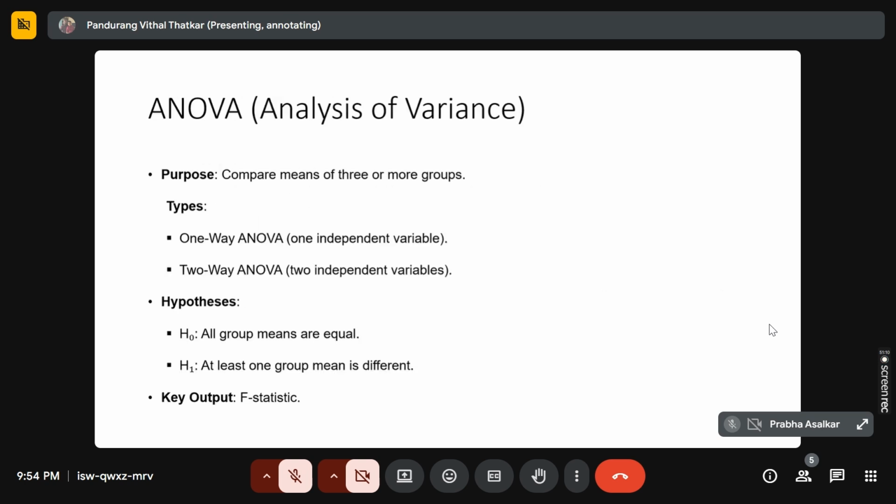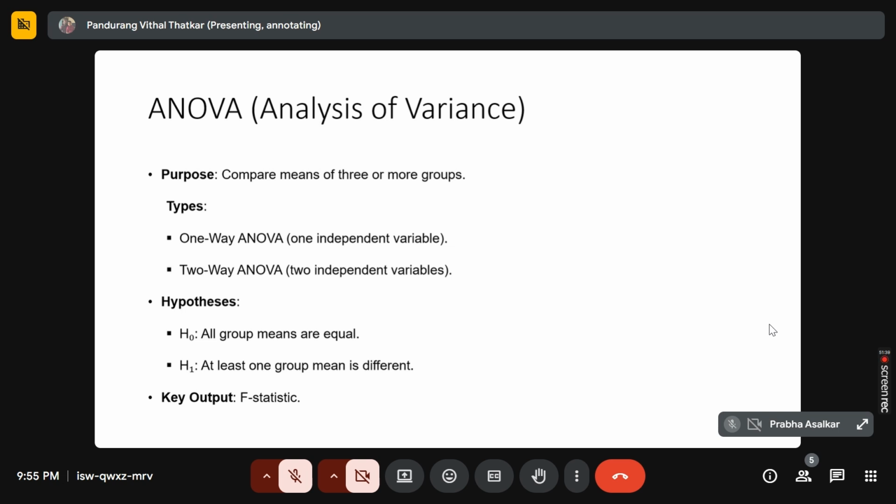Then ANOVA compares three or more groups. There are two types of ANOVA, one-way ANOVA and two-way ANOVA. In this case, the null hypothesis is that all group means are equal, and the alternate is that at least one group is different. So when you conduct ANOVA, it tells us whether all groups are the same or at least one group is different from the other groups.